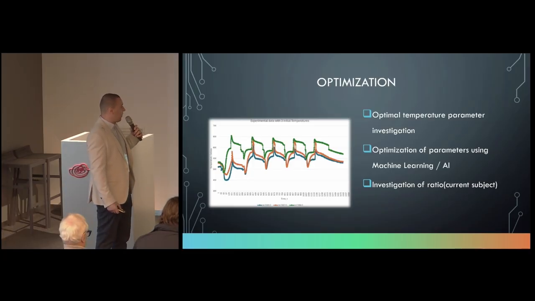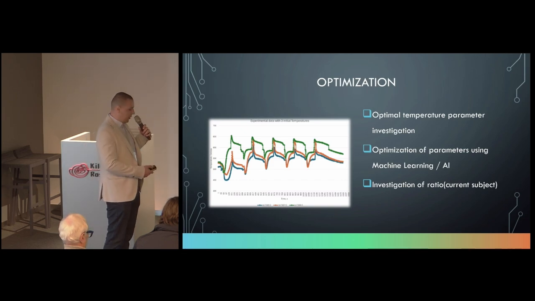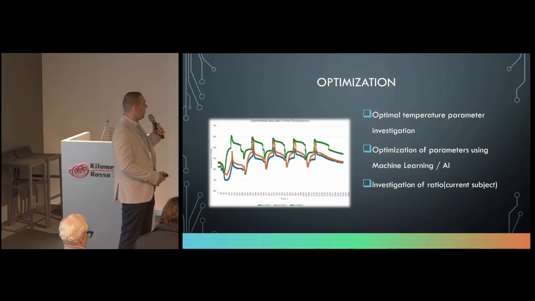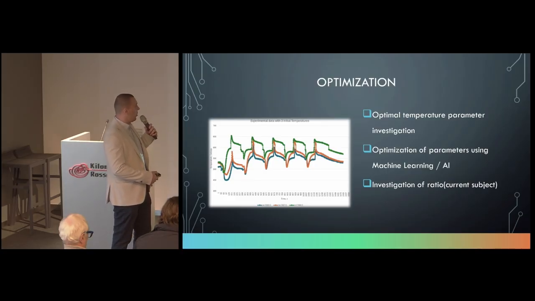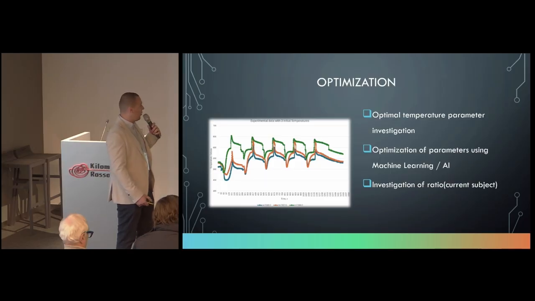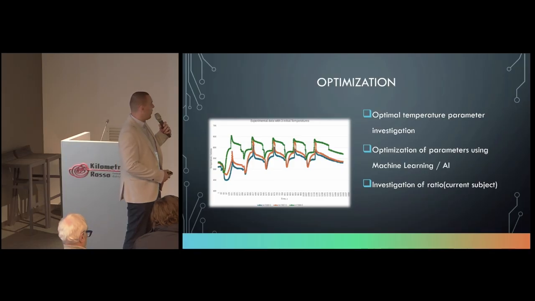What we see here is that we not only have a higher average temperature, but we also have a higher temperature between peaks.